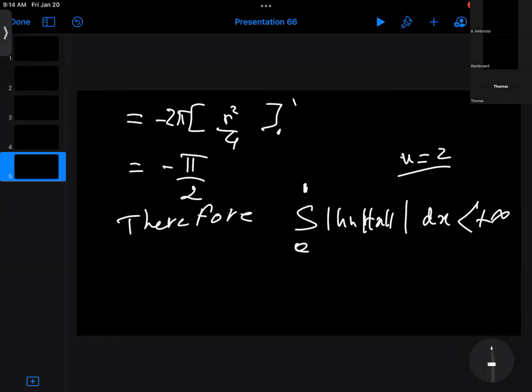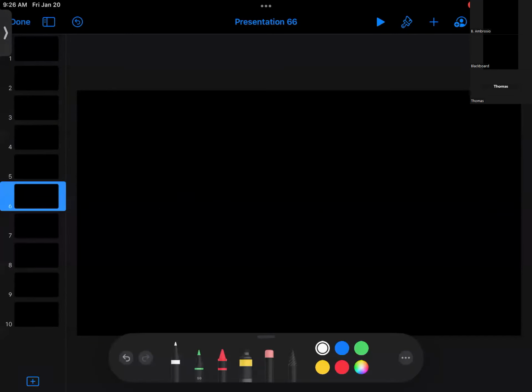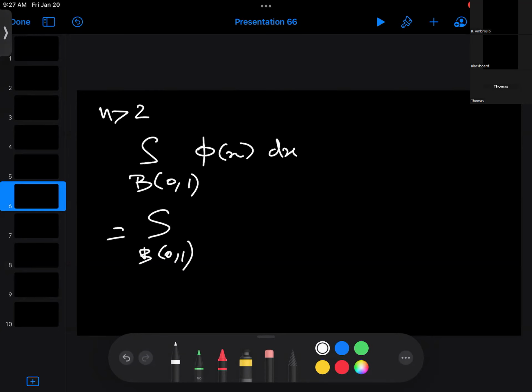Right, so next we are dealing with the case n equals 3. All right, so in the general case, n greater than 2, let's compute the integral over the unit ball of phi of x dx. So in this case, this writes, now the idea is to do the same trick.